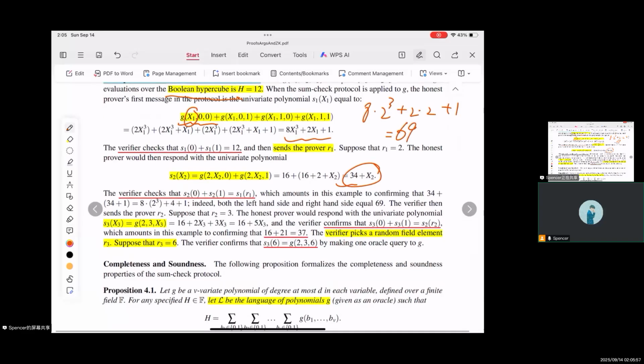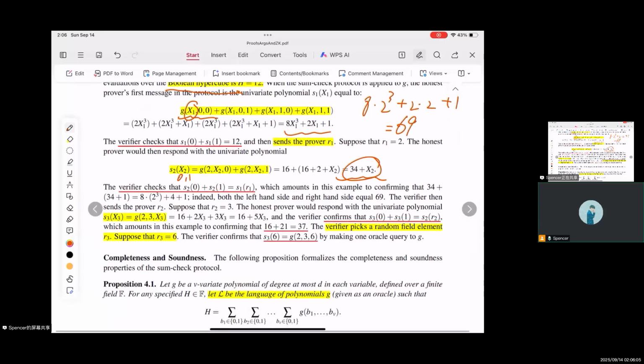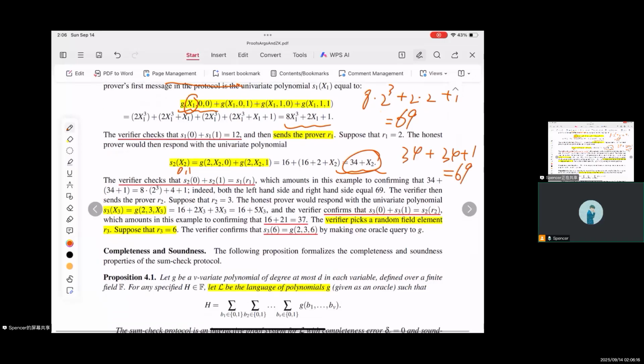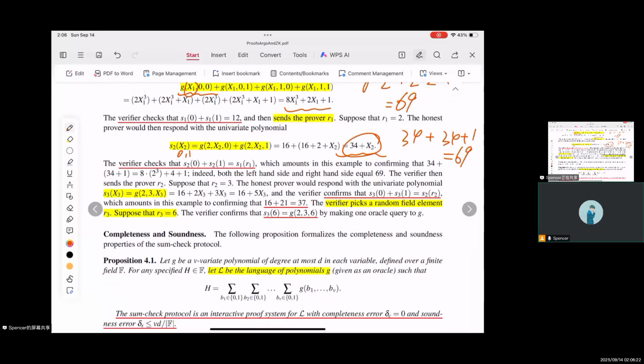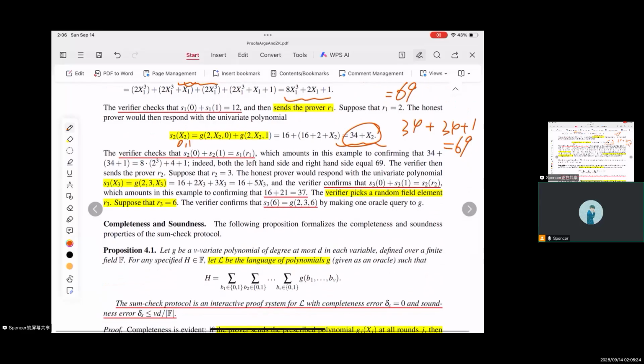And how about this one? We input 0 and 1 respectively, and get 34 times 1 plus 34 plus 1, which should be equal to 69 as well. So they are the same. No problem.